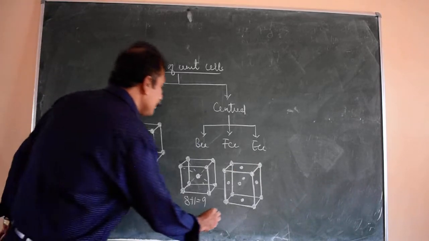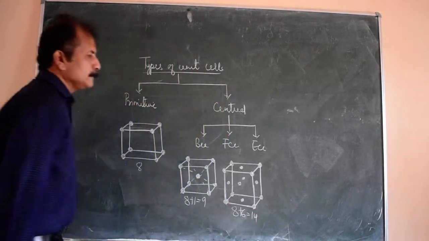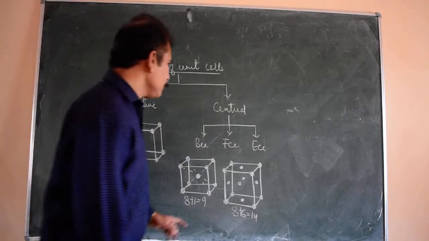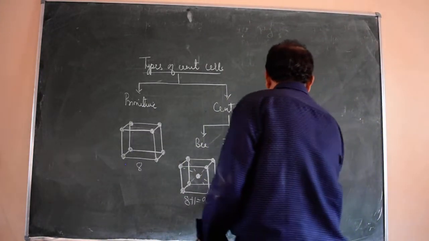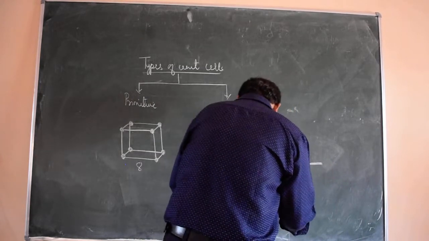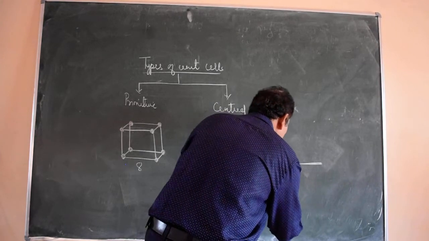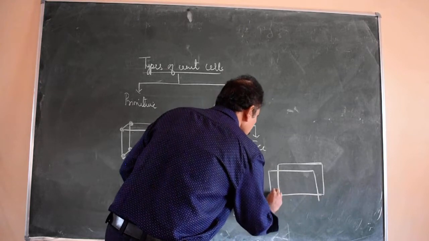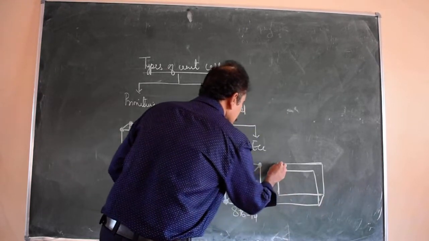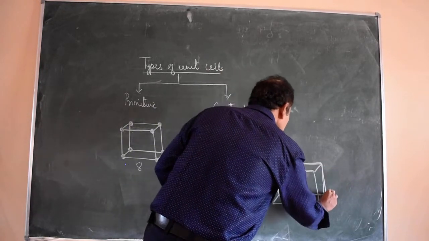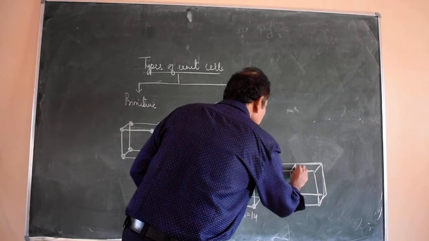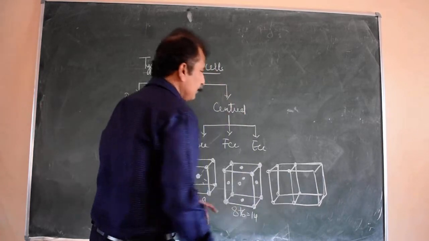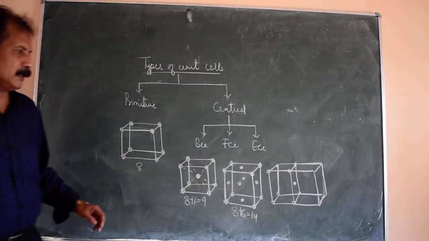So totally how many now? 8 plus 6, 14. ECC means there are 8 at the corners, and there will be one at one end which will be shared with another unit cell. Therefore it is called end centered. So there will be one at the end which can be shared with another. Then this becomes end centered.